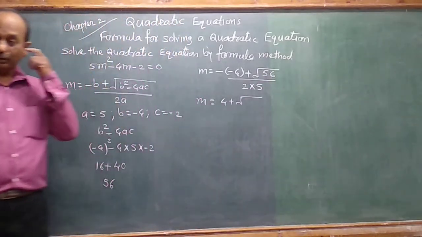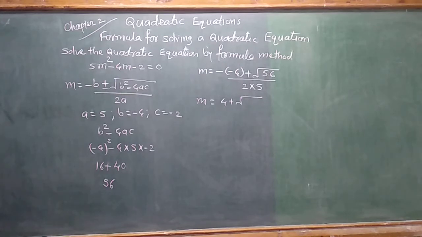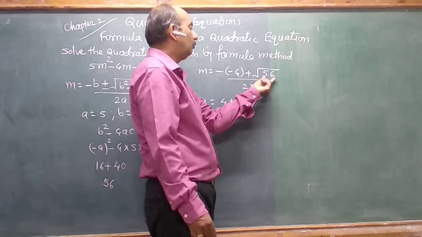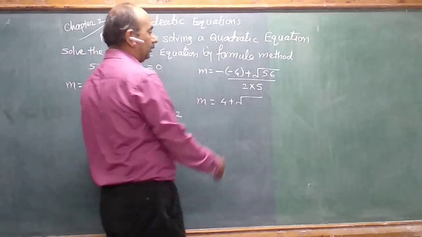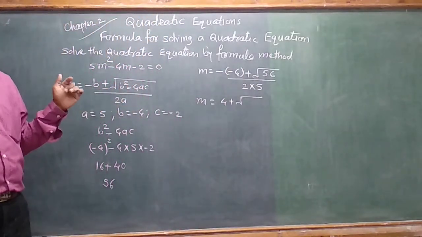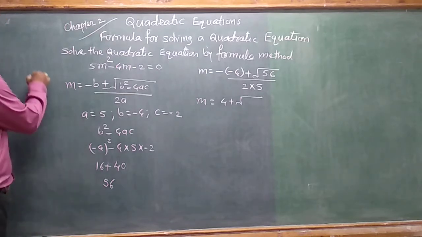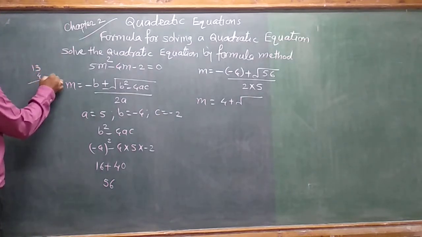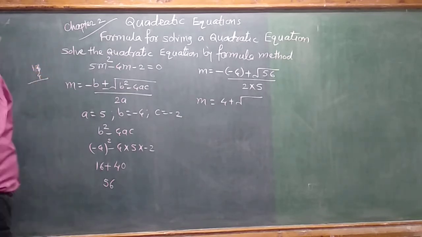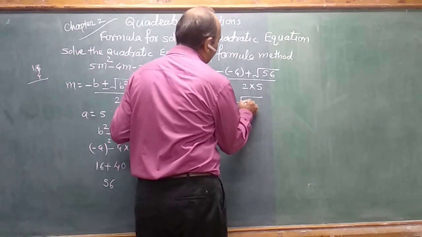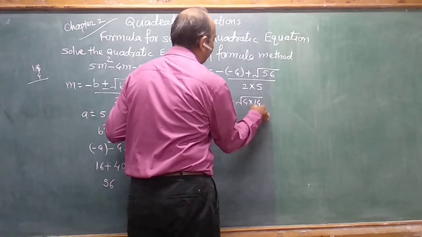But 56 is not a complete square. So we have to factorize this 56 in such a way that their product is 56. That is 4 into 14.